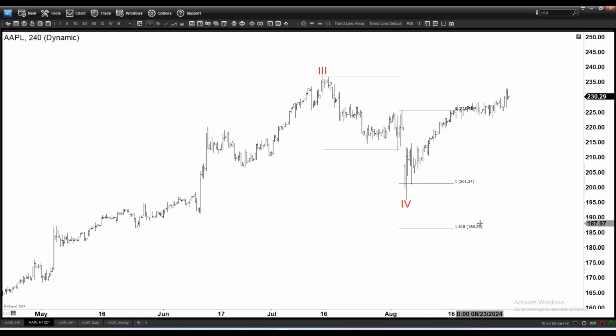There's no extension to 1.618, which is typically a sign of wave 3, right? So very classic 3 swings pullback, bouncing higher from the 100% extension area, and the rally is looking pretty impulsive to me, the structure. So that means I think we should favor the upside.